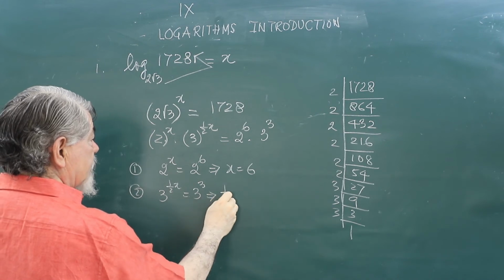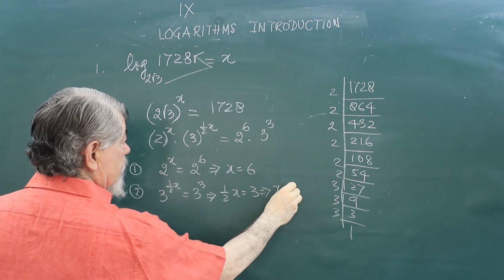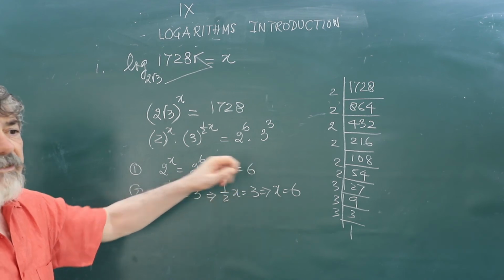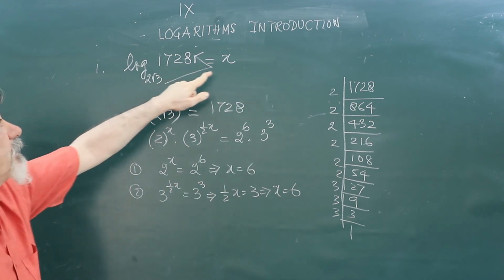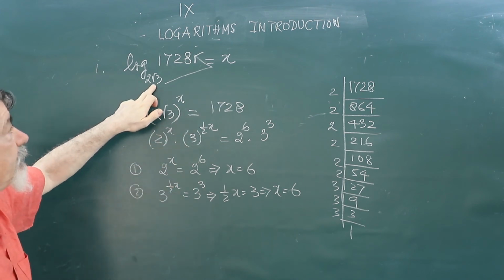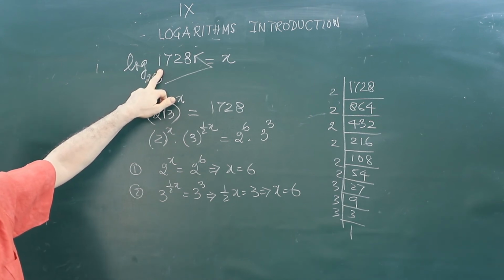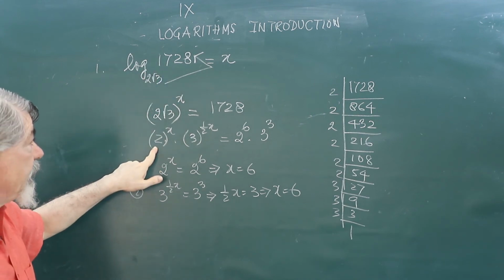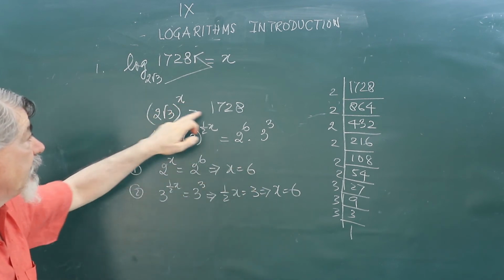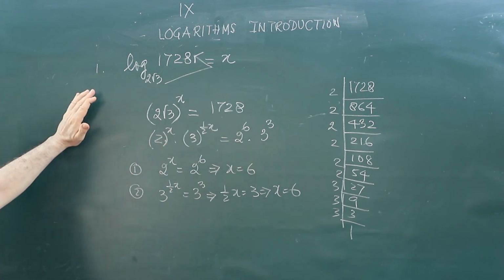Again, half x is 3, so x will be 6 only. Whether you use this or this, the value of x remains the same, because in this question x cannot change. 2 root 3 raised to the power 6 will give you 1728. This is the first question.